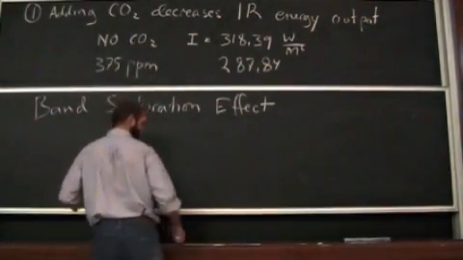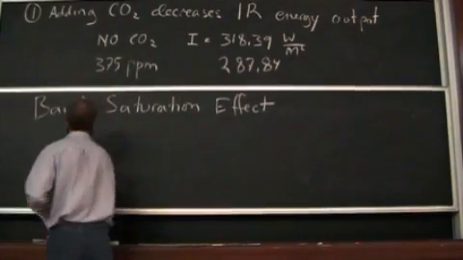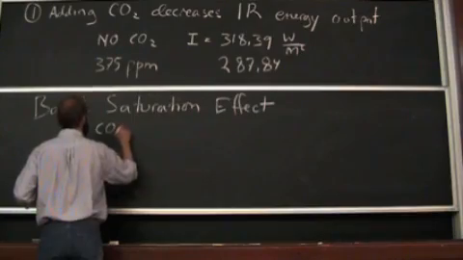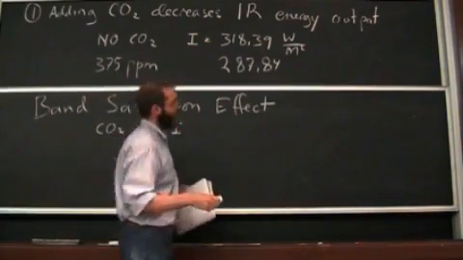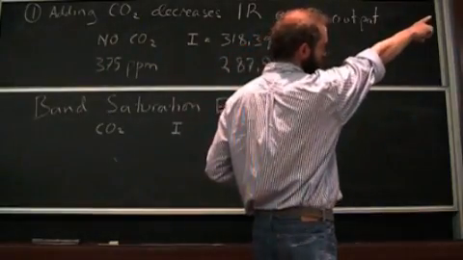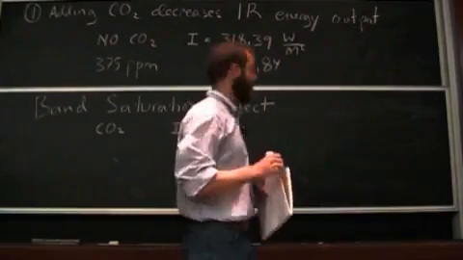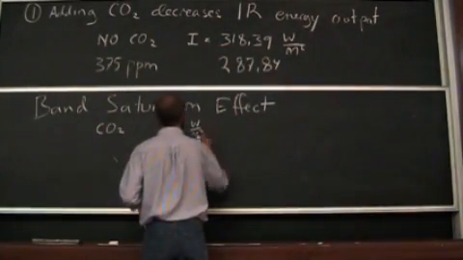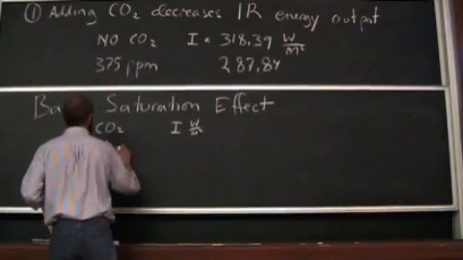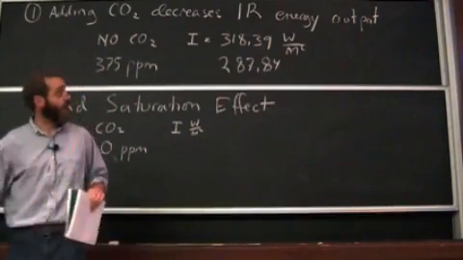So we're going to change the CO2 concentration one step at a time and let the model tell us the intensity of the light leaving to space in watts per square meter. So 0 ppm we already had up there.